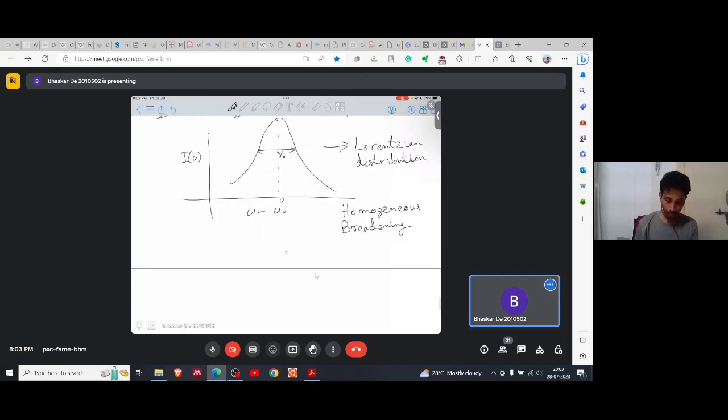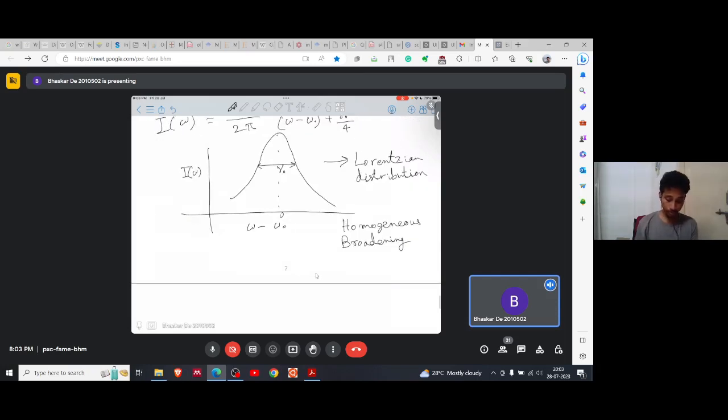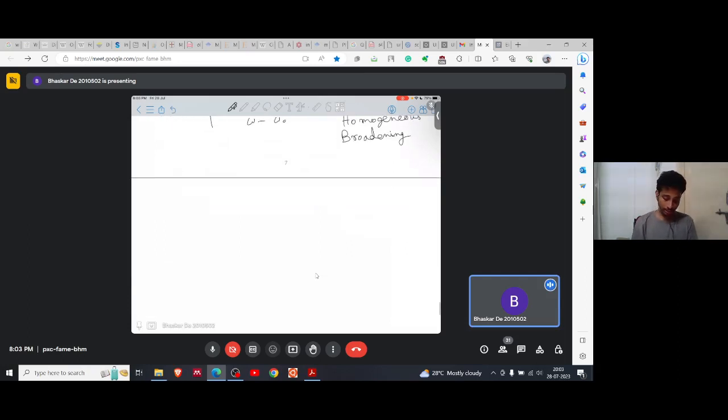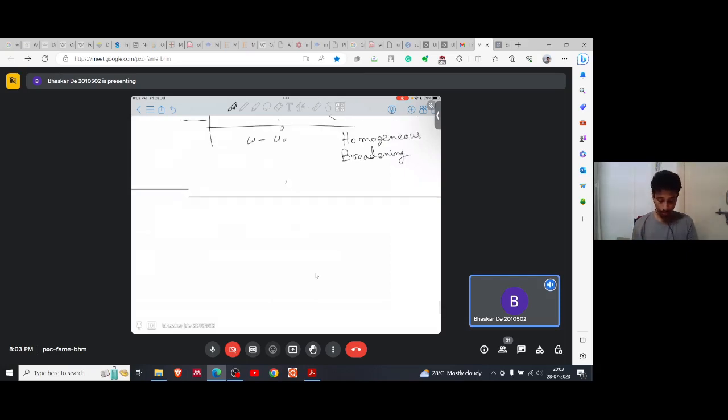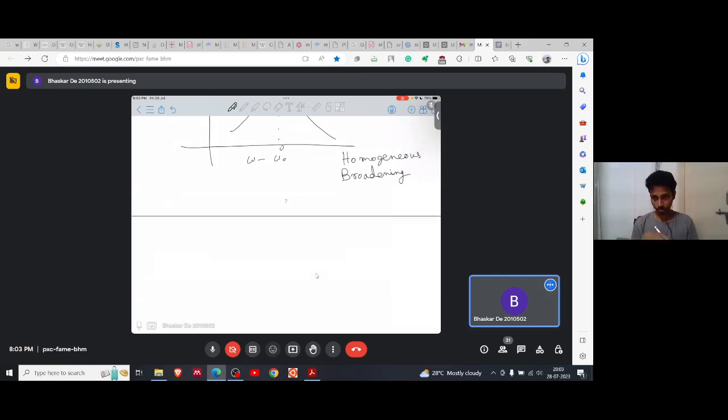Now by this broadening, what do we actually mean? When we say a laser, that laser should have a particular frequency. For example, we can say the laser has a certain frequency or wavelength, because they are related.